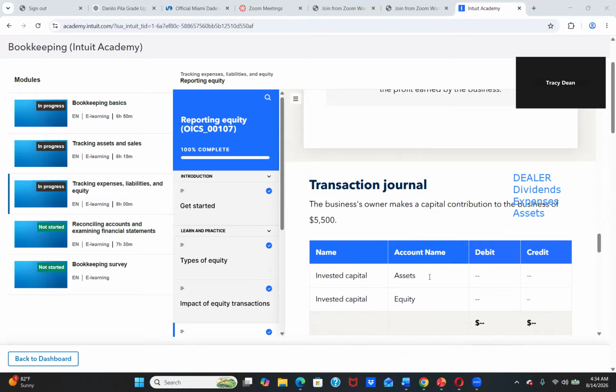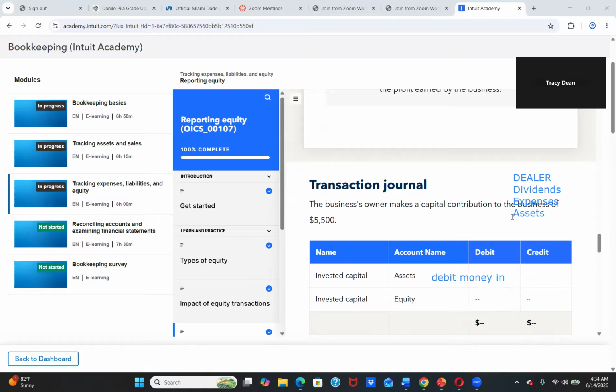So let's make a note right here. Our assets would debit because money is in. Now, the owners make what we call a capital contribution.